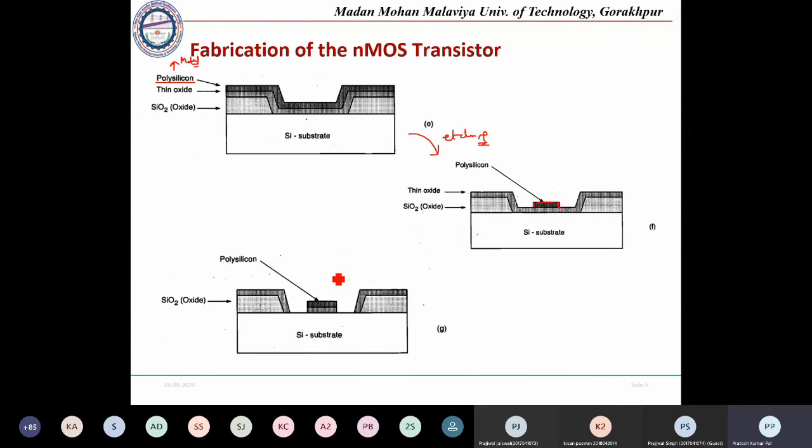So all other oxide, this complete oxide will be removed from this one and this one, and this will also be done by the same etching process. After applying the etching process, we will be removing the oxide from the silicon, because in this space we will be depositing the metal, so that we can make a contact between source and drain.